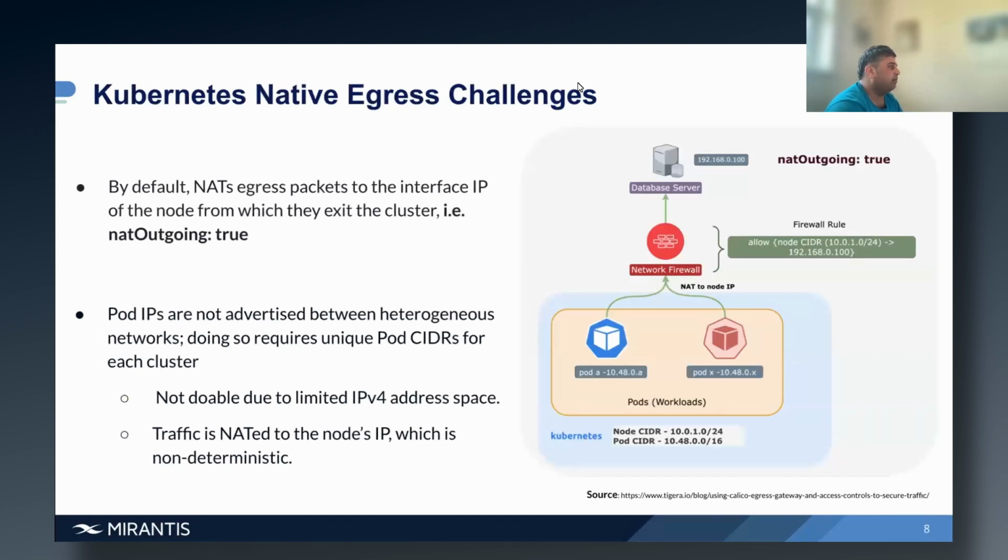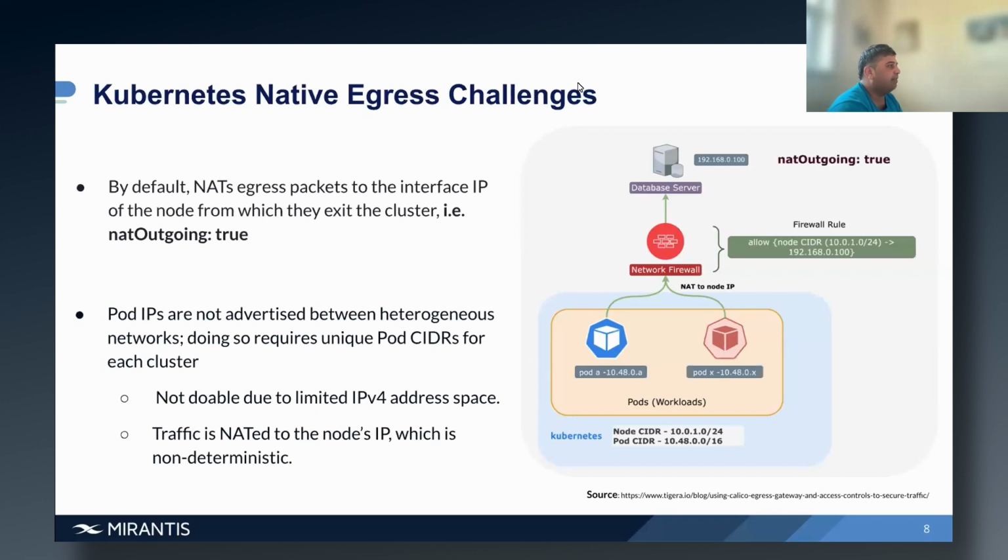Okay, so we have a picture here that denotes some of the challenges that we experience. In Kubernetes, by default, egress packets are NATed to the IP of the interface of the node which exits the cluster.